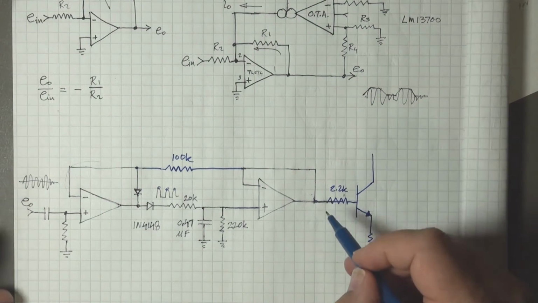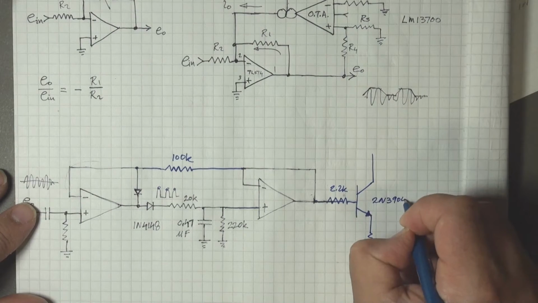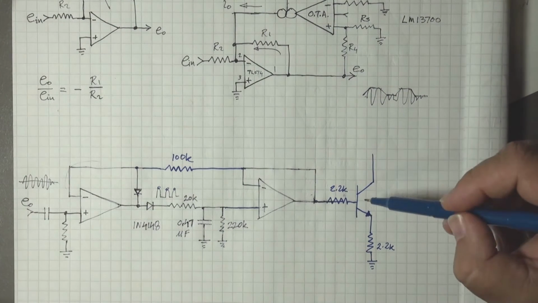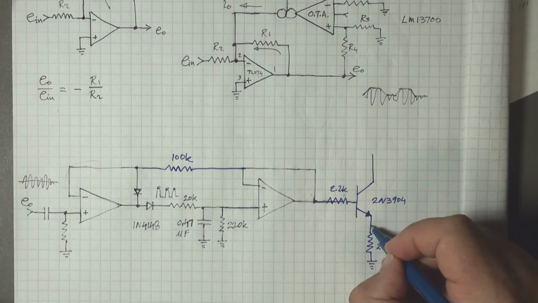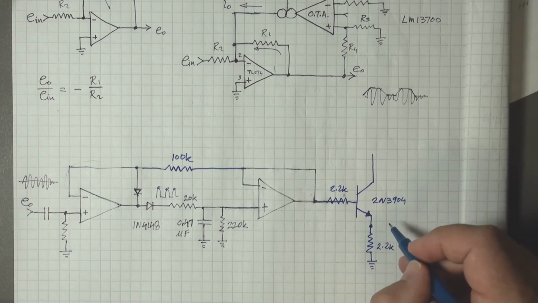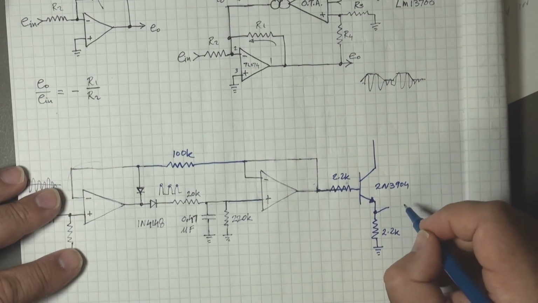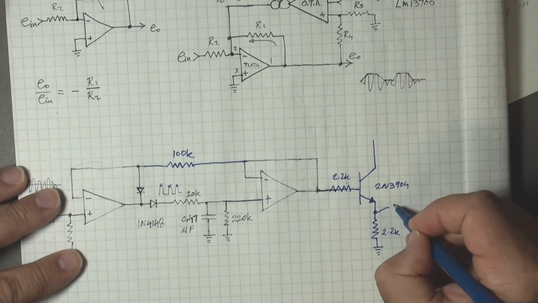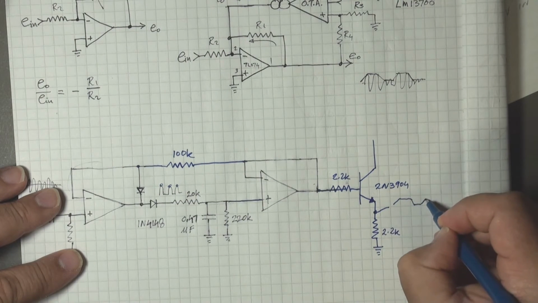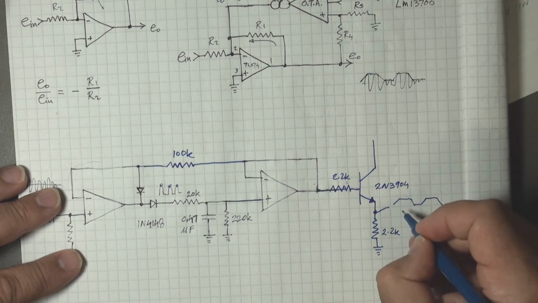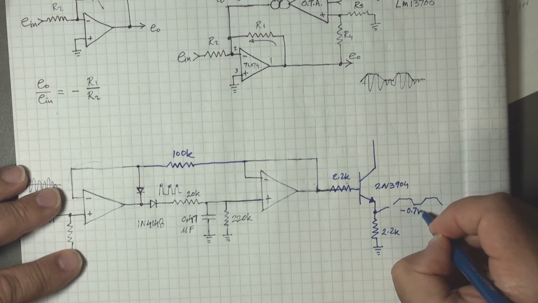Maybe this one's not required that much. So I get one diode drop across the base emitter junction, but basically what I'll have appearing at this junction between the emitter and this 2.2K resistor is the envelope voltage that we're drawing up there, shifted down by one base emitter drop, minus 0.7 volts.